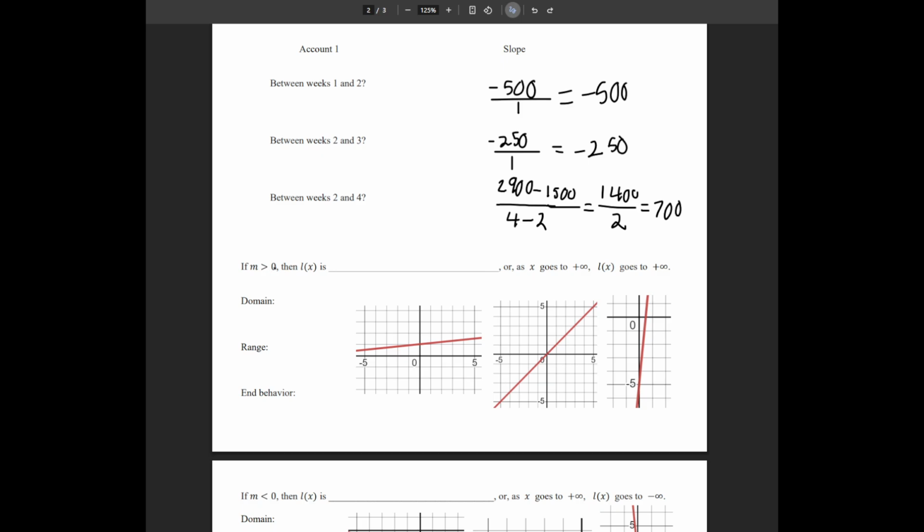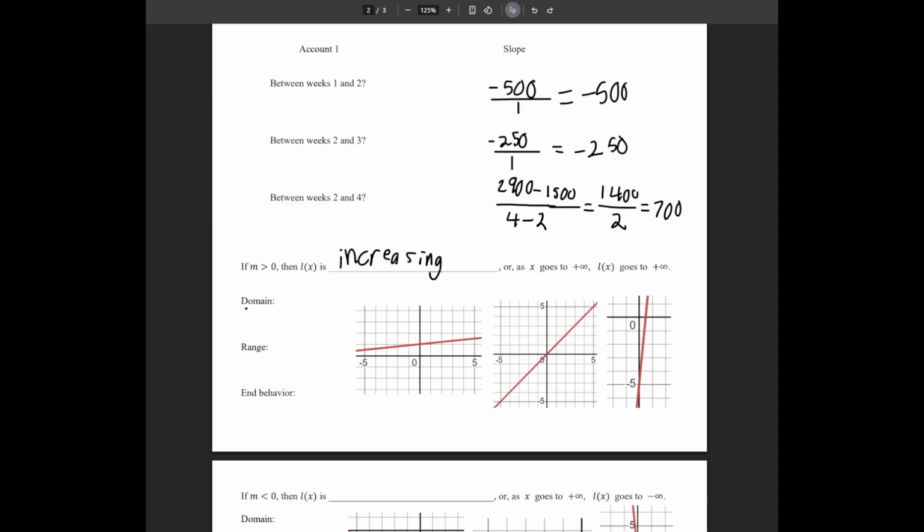Next up, if your slope is greater than 0, then your line is increasing. As x goes to infinity, so your x-axis, as these values go far to the right, L of x, or your outputs, your y's, also go to infinity.